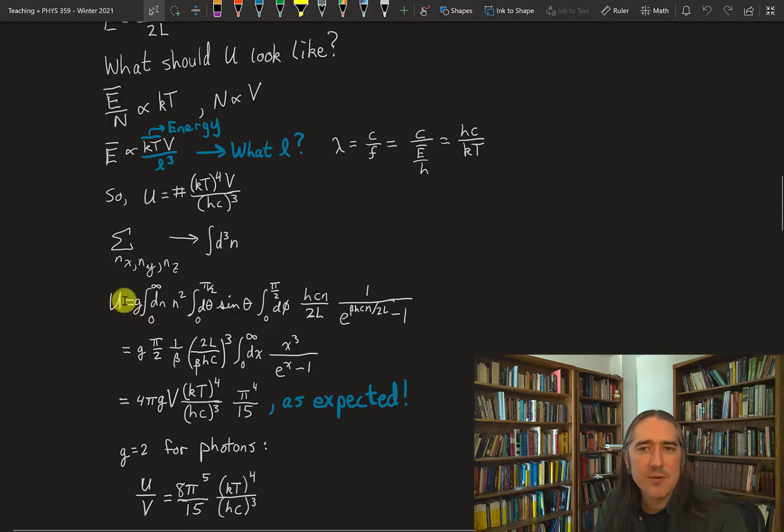And if you have heard someone say something like, a photon is a spin 1 particle, you might be surprised that G is 2. Shouldn't it be 3? Turns out that when you're massless, essentially you lose a degree of freedom to the fact that you always move at the speed of light. So a photon only has a degeneracy factor of 2, and you can think of that as its 2 polarization states. Right?